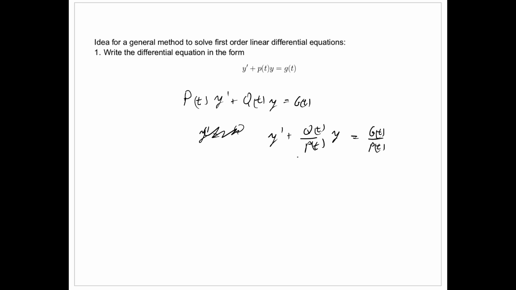And we'll just call this part here, capital Q of t over capital P of t, little p of t. And on the right side, we'll call this little g of t. So we can put any first-order differential equation in this form as long as our P of t is not identically 0. If it were identically 0, then, of course, it wouldn't be a first-order differential equation.